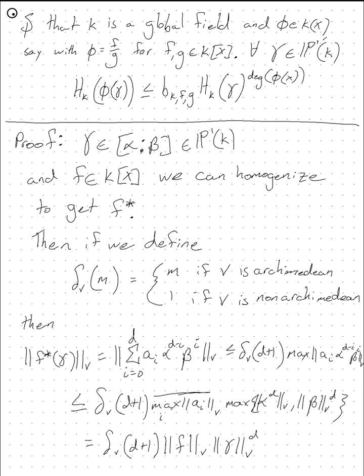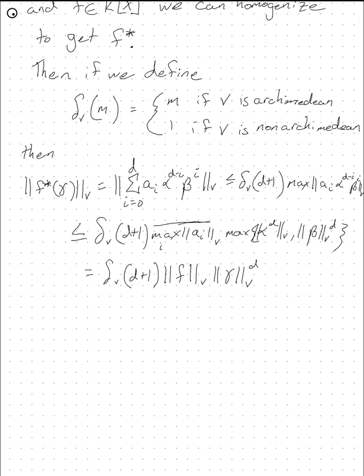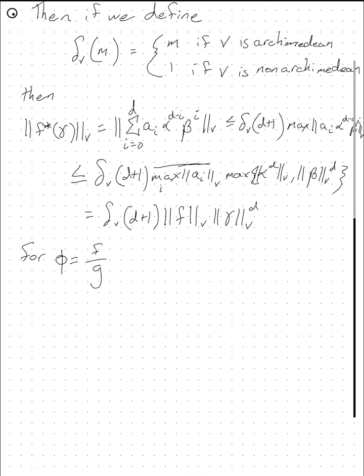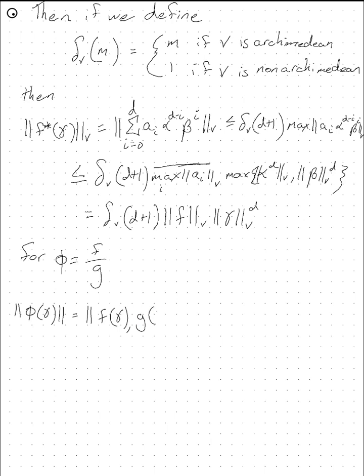Okay, so we can extend this reasoning to rational functions. For phi equal to f over g, I'm going to use this notation, which I think I got from Silverman. I don't see it in your paper, but if we're looking at the magnitude of phi of gamma, which is the magnitude of f of gamma and g of gamma, with the same reasoning, we can just replace the magnitude of f here with the max over all possible coefficients of f and g.